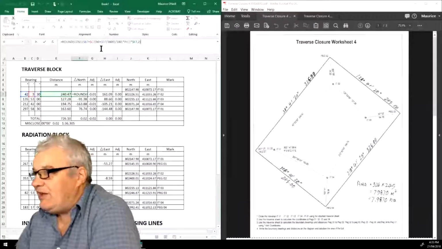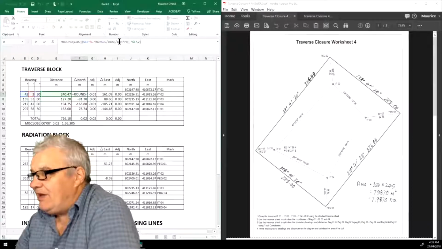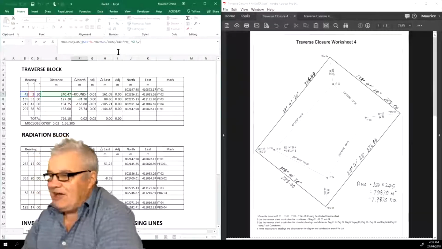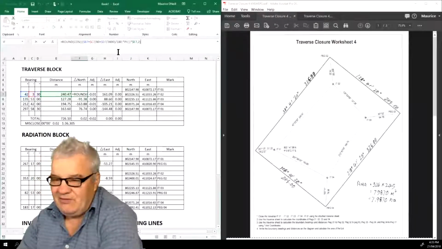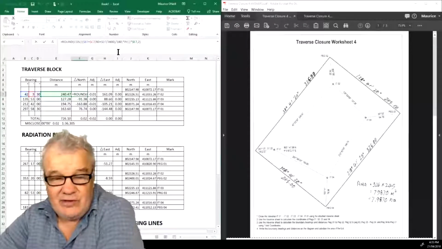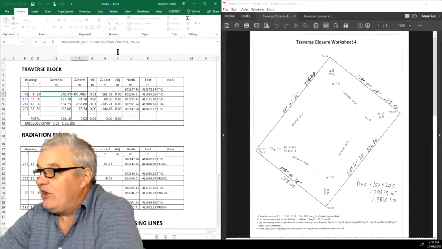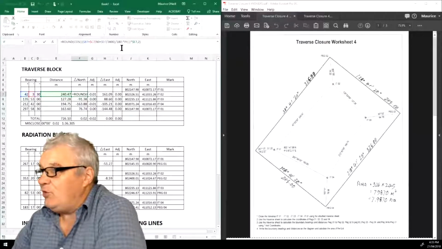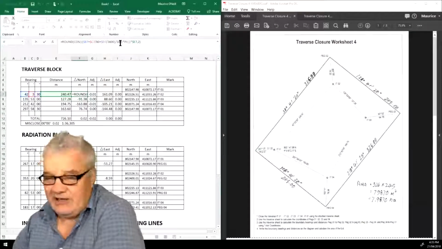And here you'll see that I've put them in there and divided by 180. Now, one of the vagaries of Microsoft Excel, of course, is that it calculates everything in radians, not degrees. So we've got to convert it to radians. That's why I've divided by 180 here.